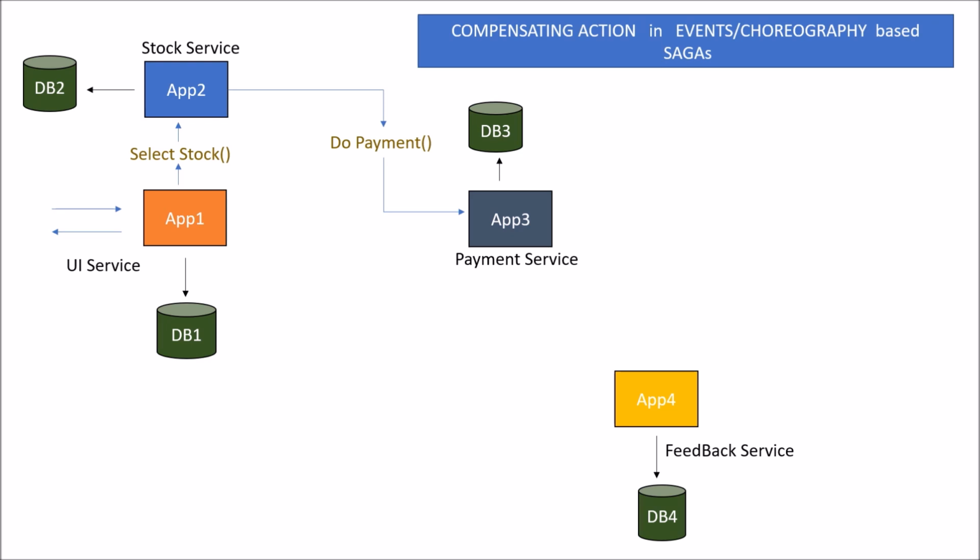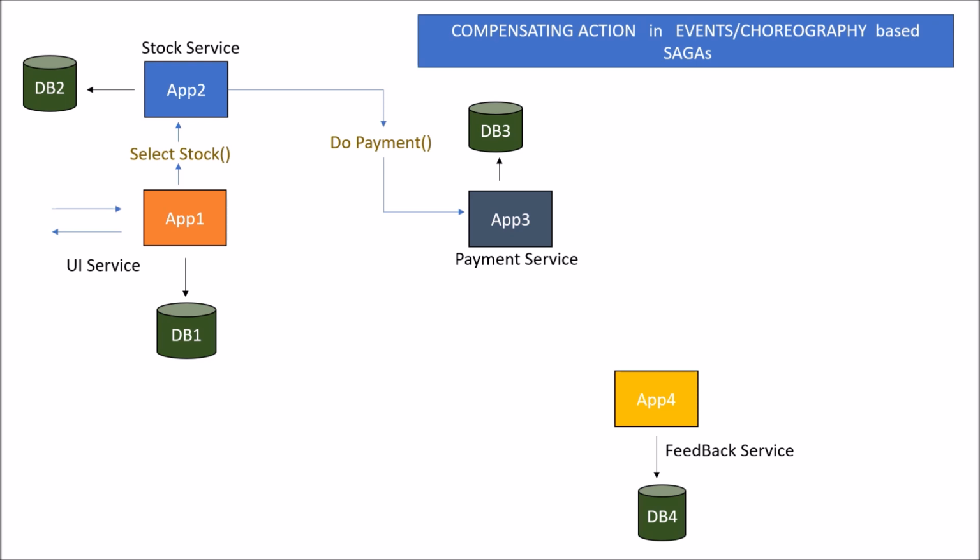By rollback, we mean we are trying to revert the transaction as if it had never happened. But in case of compensating, we are admitting that a transaction has happened and it has failed, and we are trying to do something else to compensate that transaction.